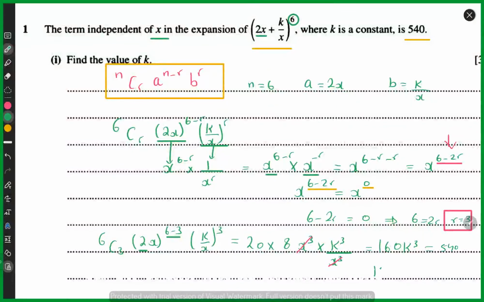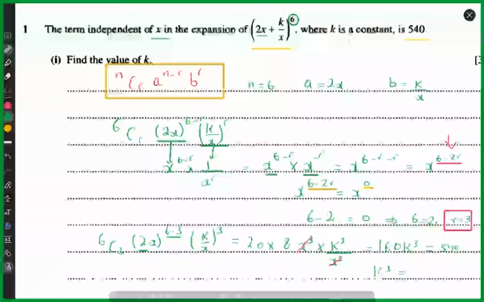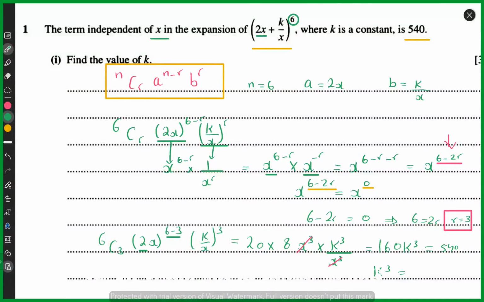So k cubed is equal to, yes, please use your calculators and tell me your final answers. It's 540 divided by 160.